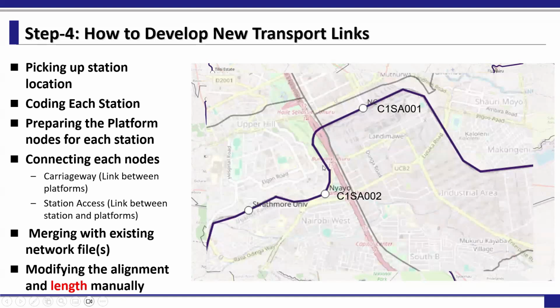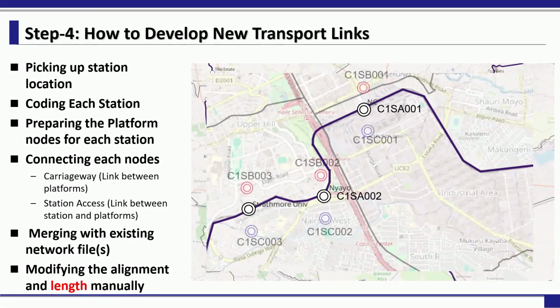And each station can be coded into C1, SA001, 002, and 003. And as I explained before, then prepare the platform nodes for each station, adjoining this section. You can click, yes, like this. Following the 3 stations, the 3 nodes can be developed.